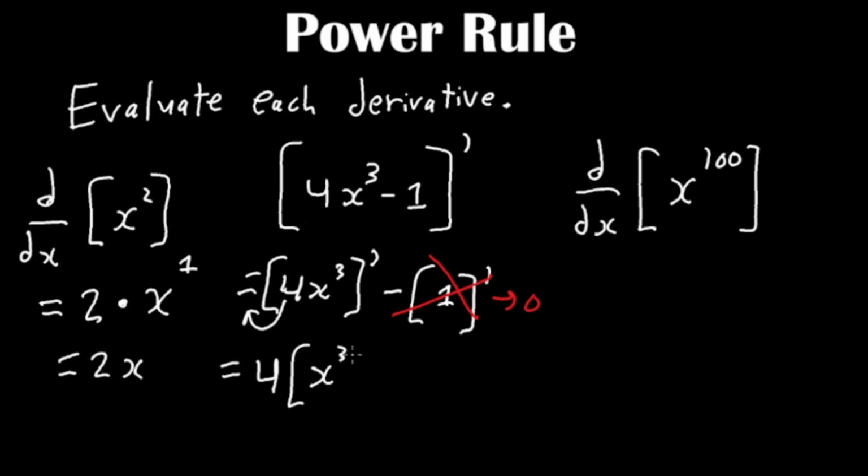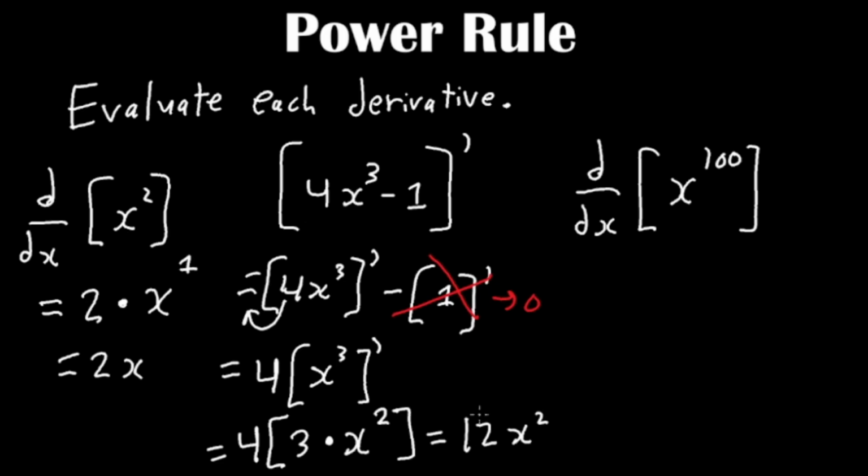So this is 4 times the derivative of x cubed. The derivative of x cubed: we bring down the power to the front, so 3 times x, and then we reduce the exponent by 1, so times x to the second power. So that's 4 times 3, which is 12x squared.